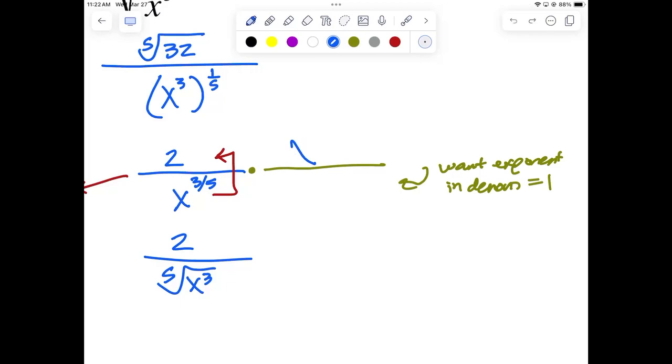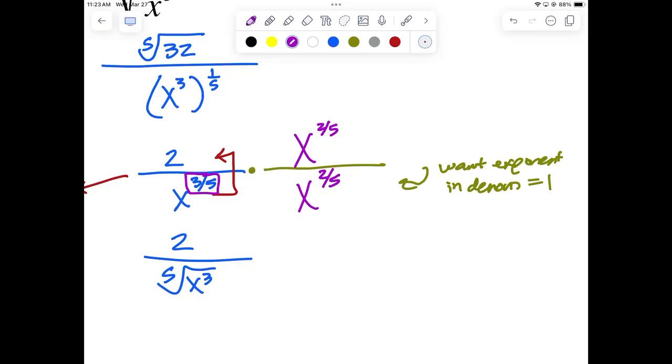X to the something over x to the something. So here's how we decide what the exponent needs to be. I have a 3/5 right now on the exponent. What do I need to add to 3/5 to make it whole? 2/5. I have 3 parts out of 5. I only need 2 more parts out of 5 to make it whole.